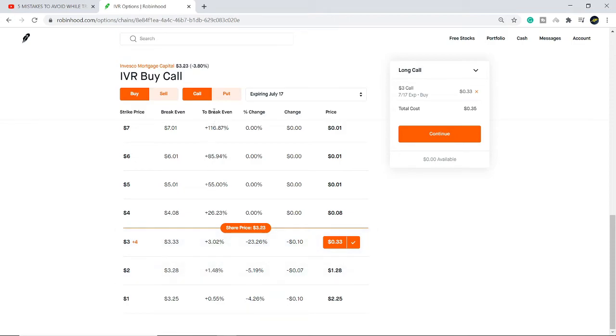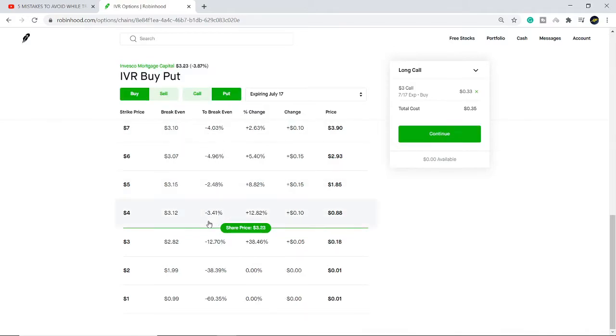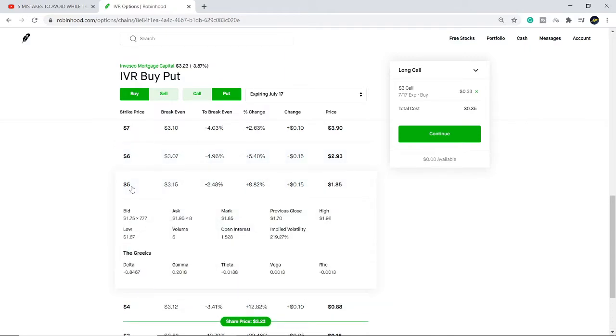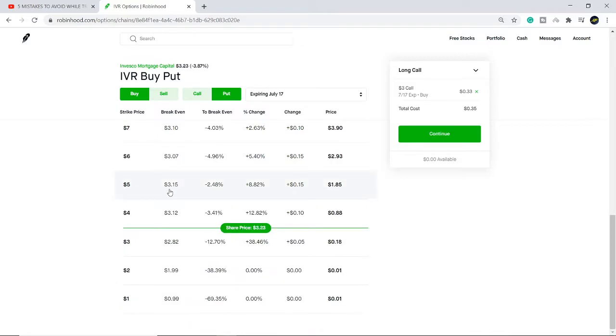So yeah, when you buy a put, that's essentially the opposite of calls. When you buy a put, you're betting that the stock will go down, essentially. So you want to find something decent right here. Let's say this one right here, $5. To break even, this needs to hit $3.15, which is pretty close.